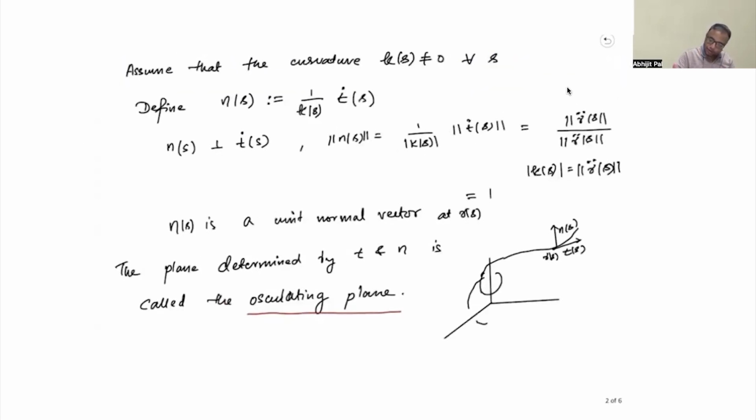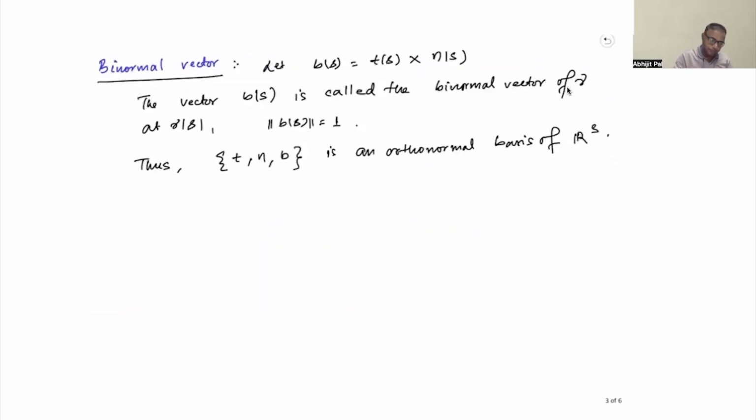Okay. So again, if we go back to this picture, I have another vector which is perpendicular to this oscillating plane. So this is my binormal vector. Okay, so at each point gamma(s), we have these three orthonormal vectors.